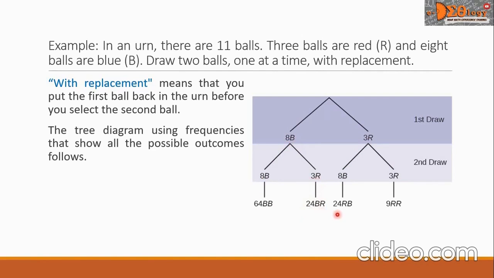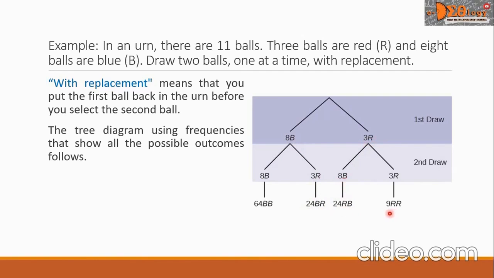Here we have 24 RB. The 24 comes from the product of 8 and 3. And this RB means the first draw is a red ball and the second draw is a blue ball.